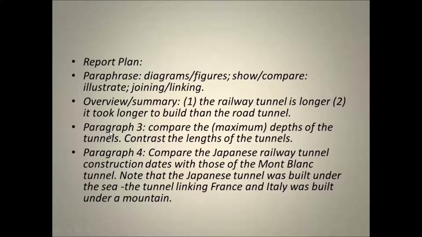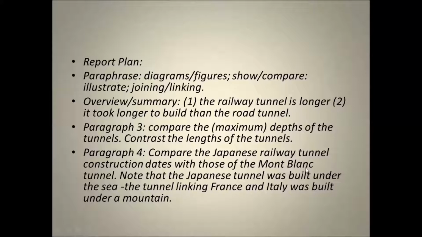Okay, now let me explain the next paragraph. In paragraph 3, you have to compare the depths of the tunnels. And then you can compare and contrast the lengths of the tunnels. So we are comparing only these two features. And then we finish that paragraph and go to the next paragraph, paragraph 4.